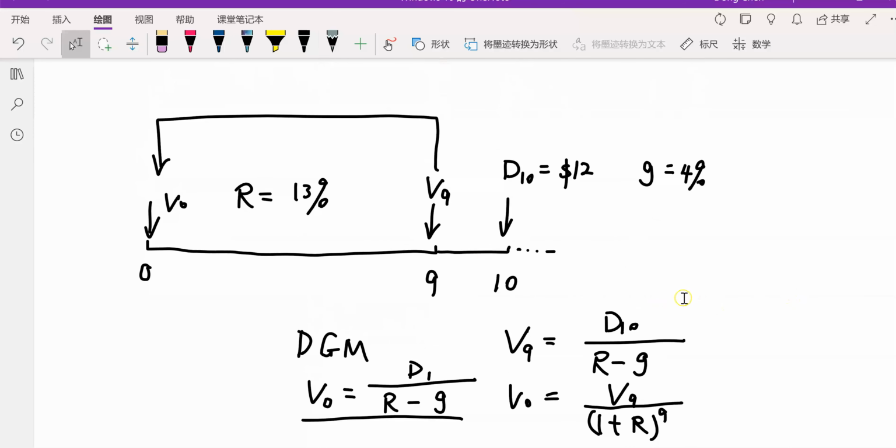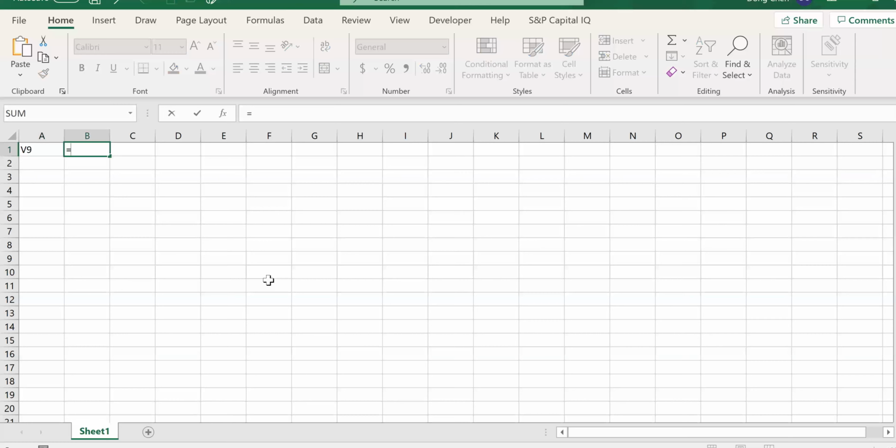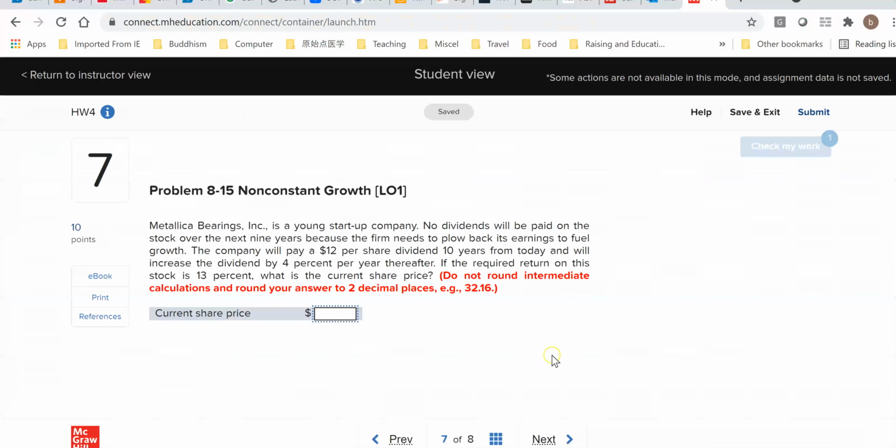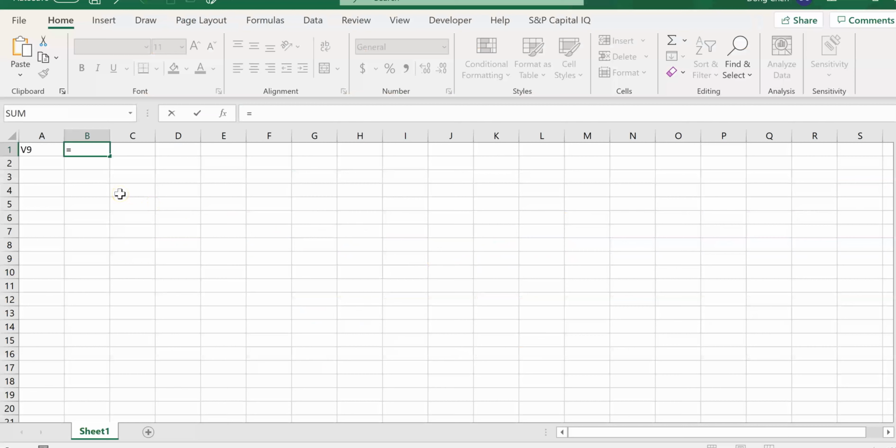With this understanding, I can plug this into whatever tool you use. I prefer to use Excel, but you can use a calculator or even a table, since all the discount rates are integer numbers.